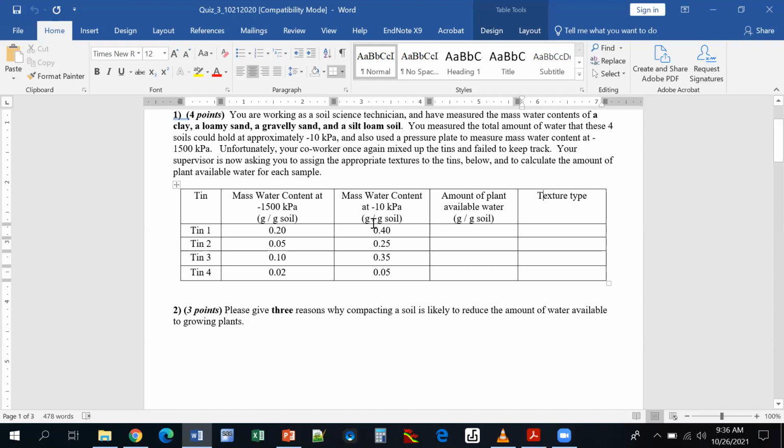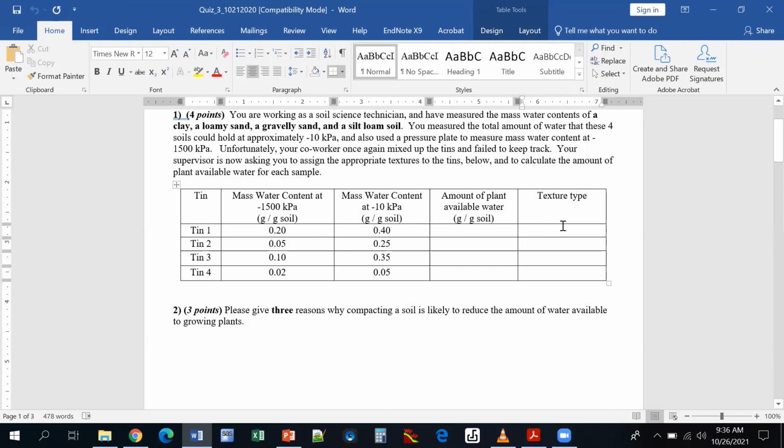Which texture type would we assume should be able to exert the most strength against the forces of gravity or against permanent wilting point? Yeah, the clay, right? So we know that as the fineness of texture goes up, we have stronger and stronger matrix potential. So the strongest potentials here at both endpoints would be tin 1. So tin 1 should be a clay textured soil.